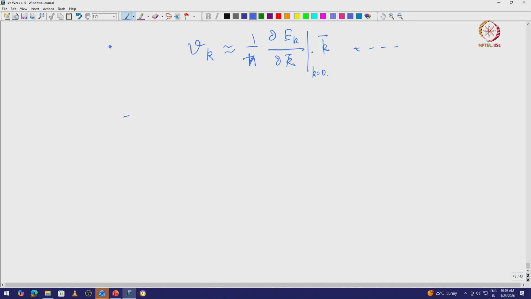So that means the effective magnetic field is k dependent, and let us call this some velocity, and let us set it to be Fermi level.